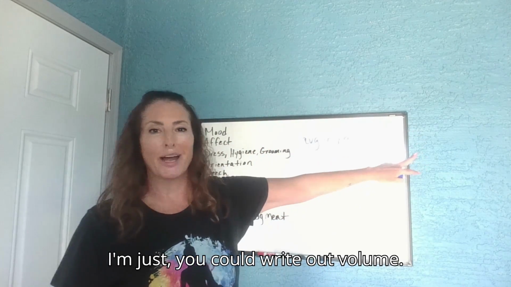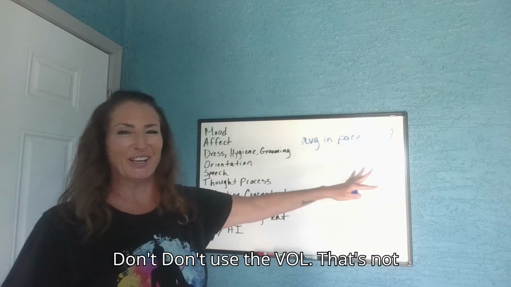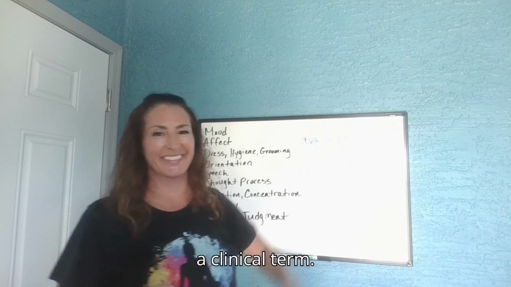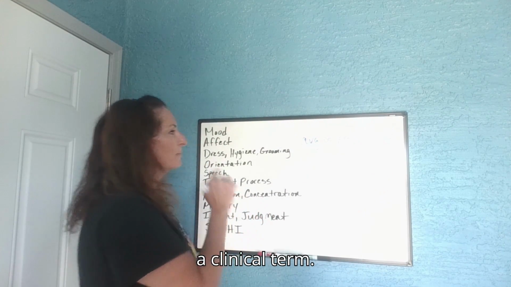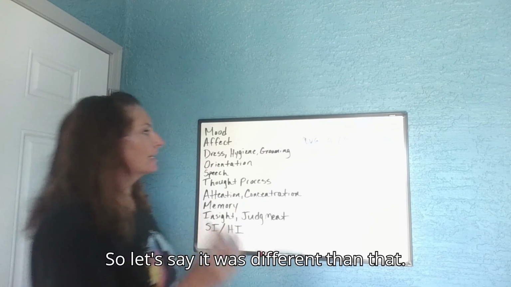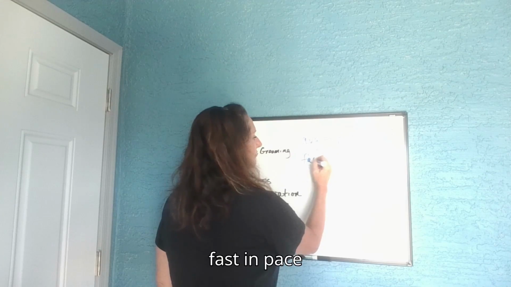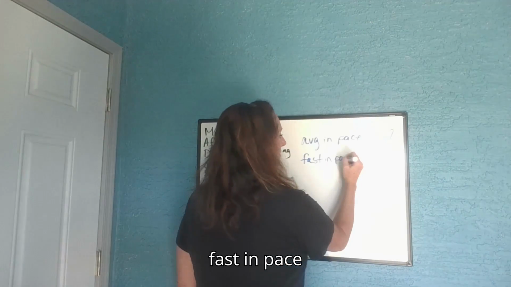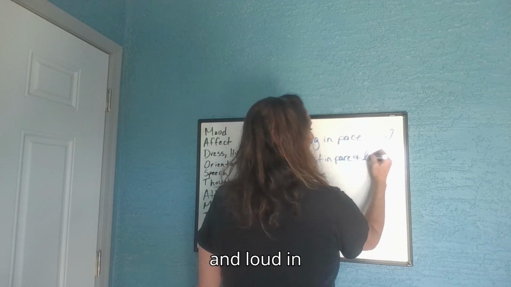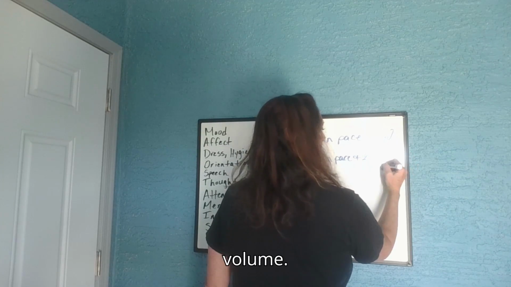You could write out volume. Don't use VOL. That's not a clinical term. So let's say it was different than that. You could say that it was fast in pace and loud in volume.